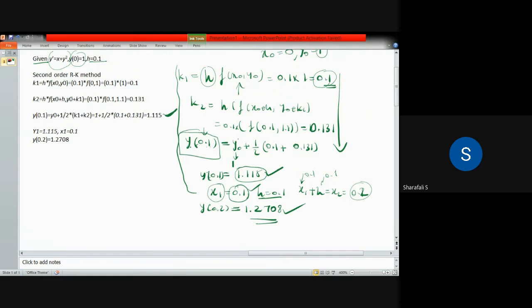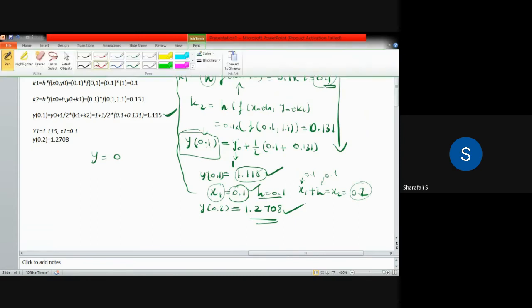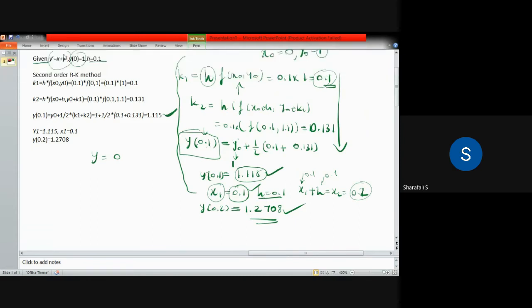That will determine the time or number of steps that you have to do in this program. For example, if you want to find out y of 1, then you need to do more number of steps.